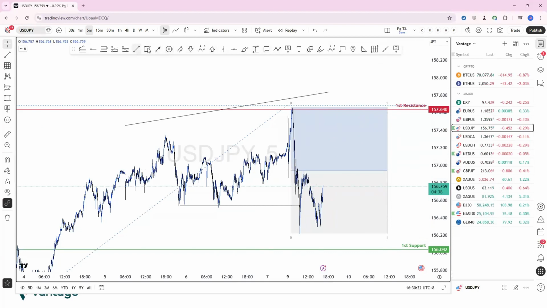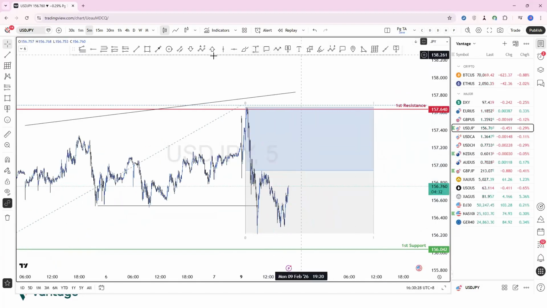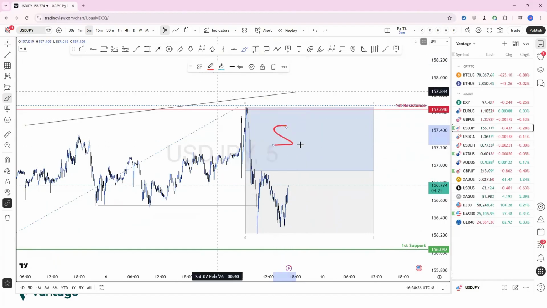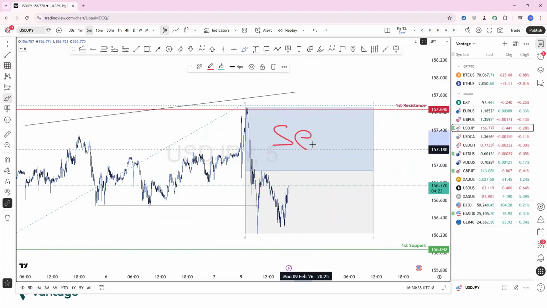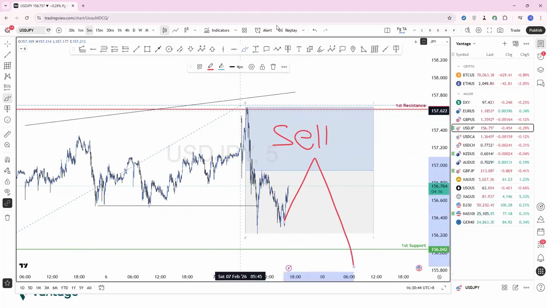These zones. Wait for price to go back to the blue line. Your sell zone is here. This is your sell zone. If price pulls back, then we sell.